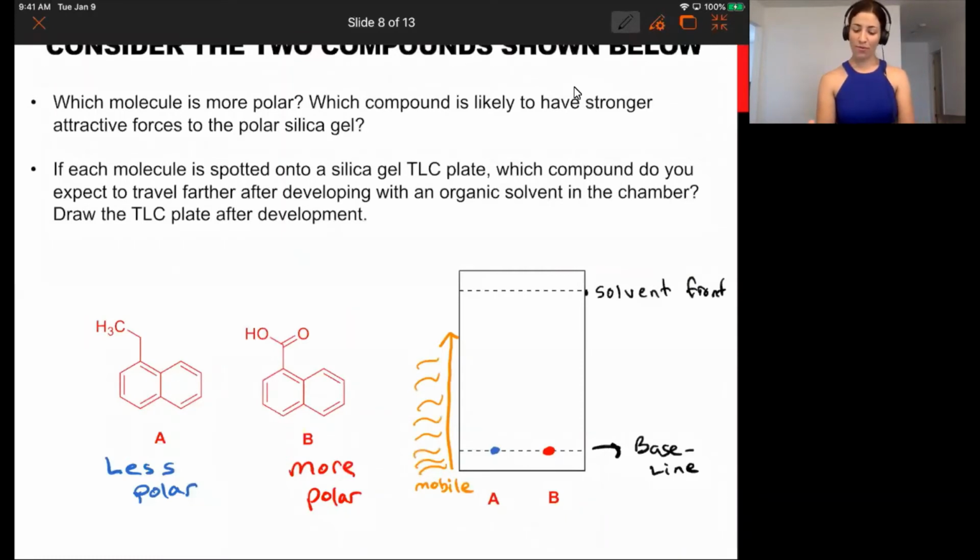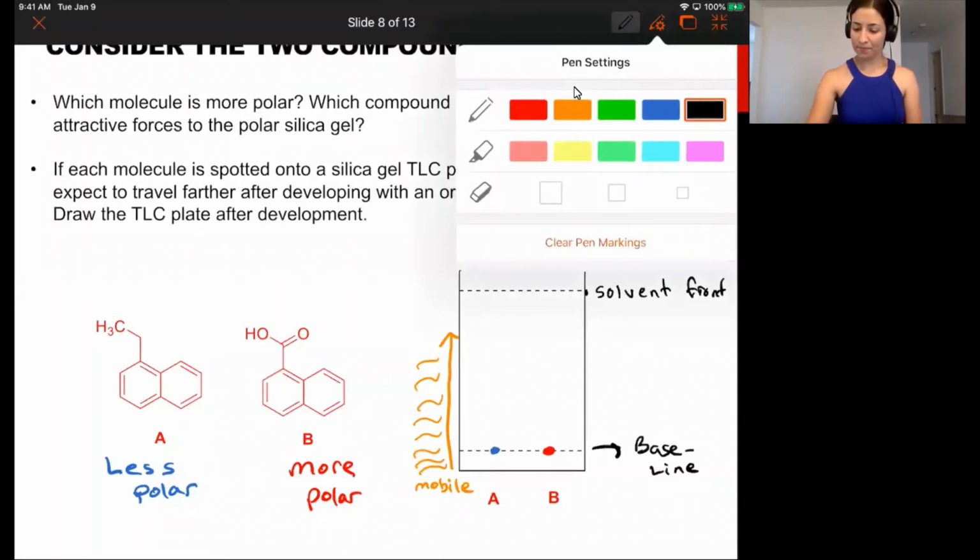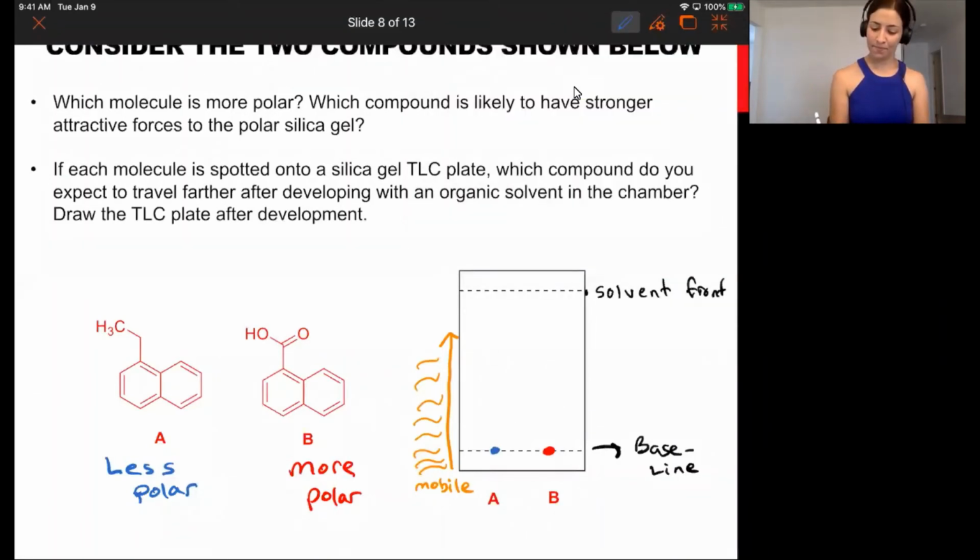So when we think about which molecule will travel more with the mobile phase, meaning it more easily desorbs from the very polar surface, which one do you think will go higher? You're correct if you've decided that molecule A should travel further than molecule B because it's less polar.